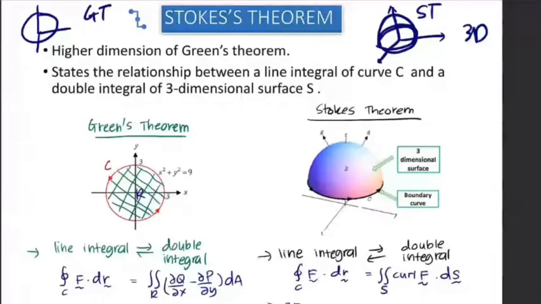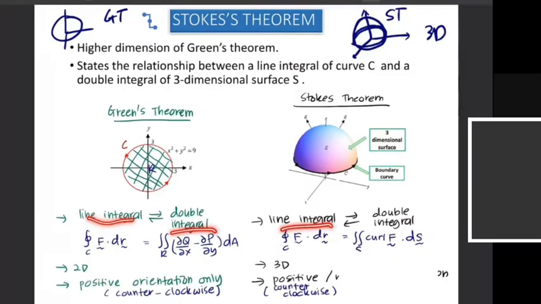Okay, let's look at the differences between Green's theorem and Stokes theorem. Both state a relationship between line integral and double integral. But Green's theorem is for 2D, Stokes theorem for 3D. In both, we consider positive orientation only, which is counterclockwise.